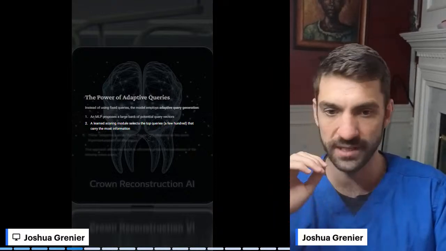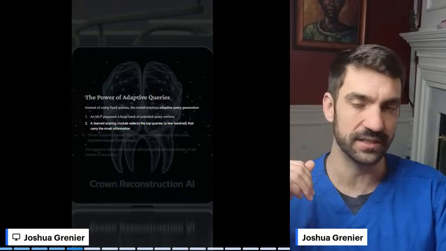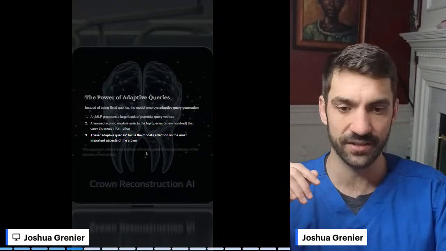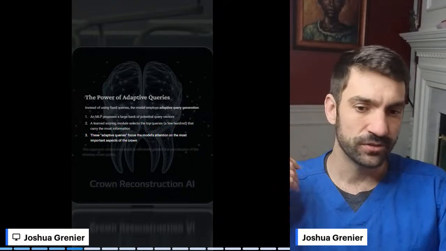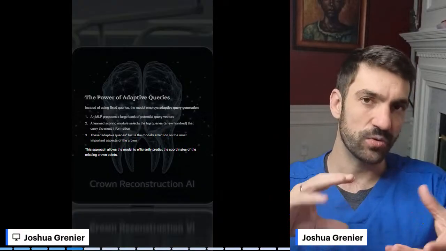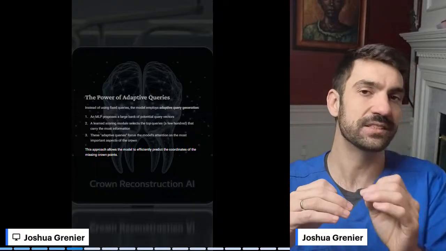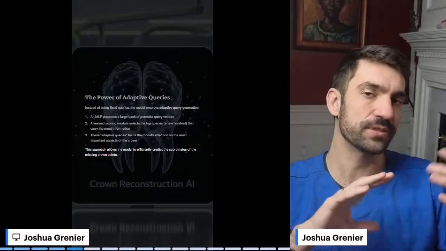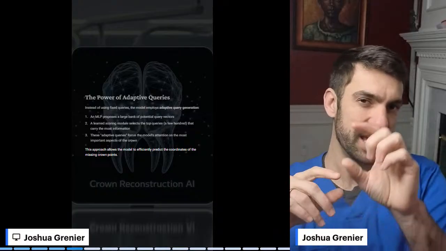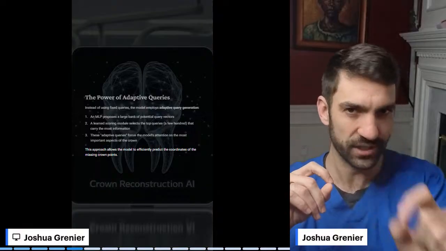And that's all based on previous training data, which is baked into the multi-layer perceptron and other areas. So by continually adapting the queries, it's able to use previous data, previous experience, to start to predict, hey, what feature are we looking for and where would that feature likely go?